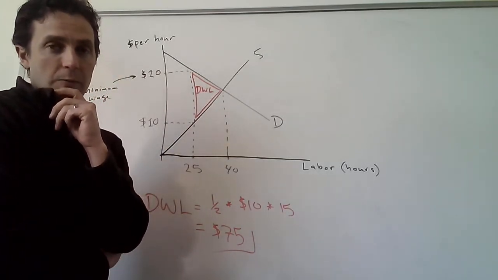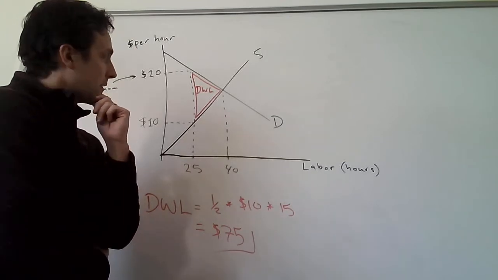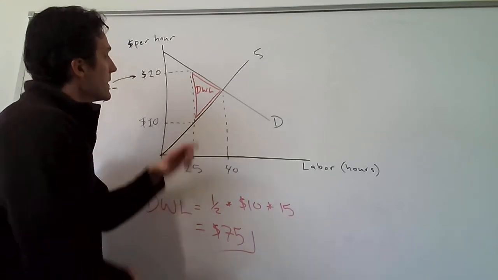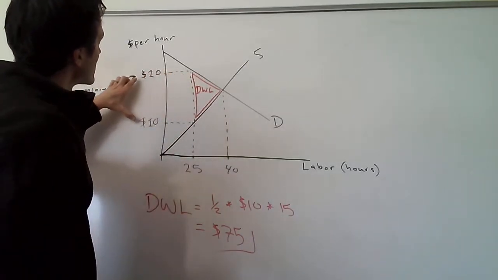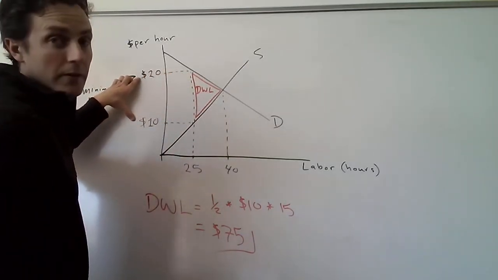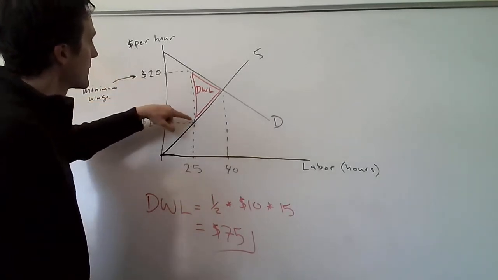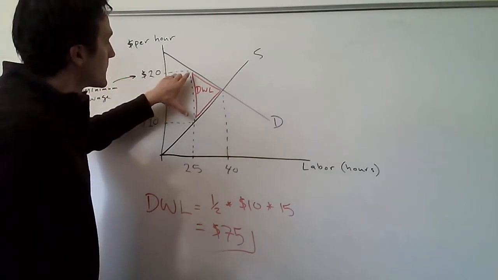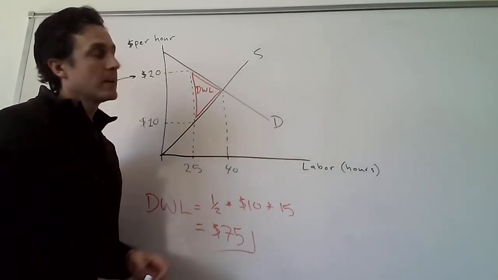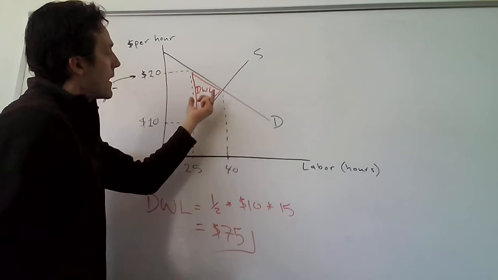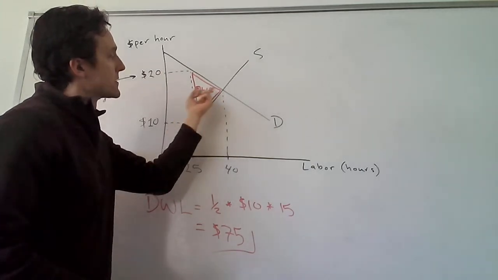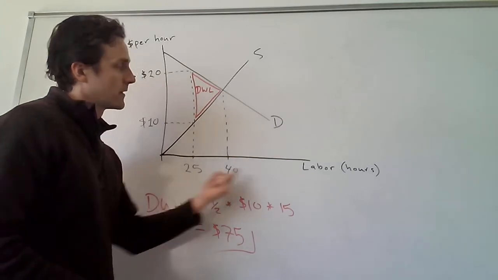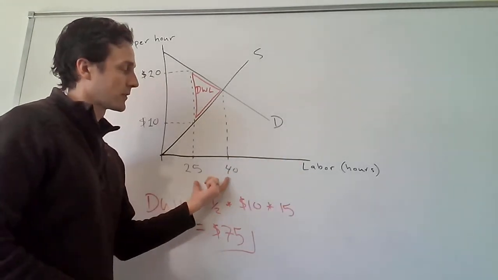So we want to find that area, and in order to do that, we need to know the dimensions of the triangle. The vertical dimension of the triangle is $10, going from the $10 mark at the bottom of the triangle up to the top of the triangle at $20. The horizontal dimension is 15 units, going from 25 hours of labor to 40 hours of labor.